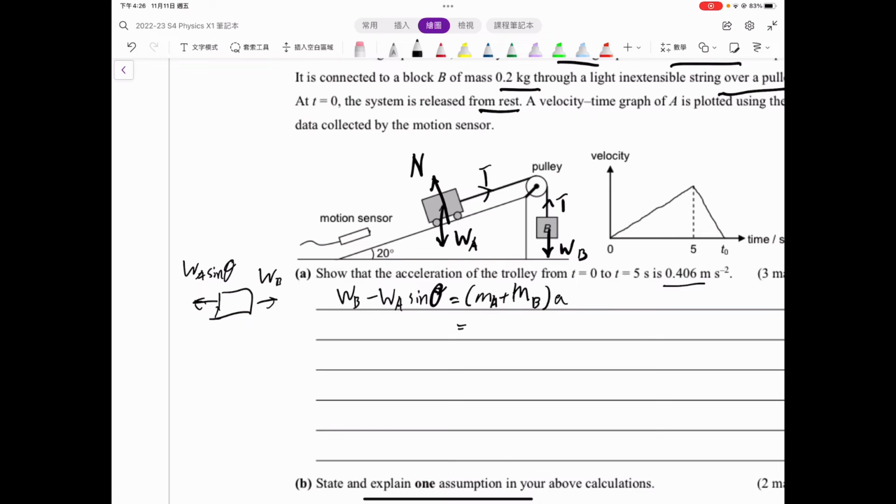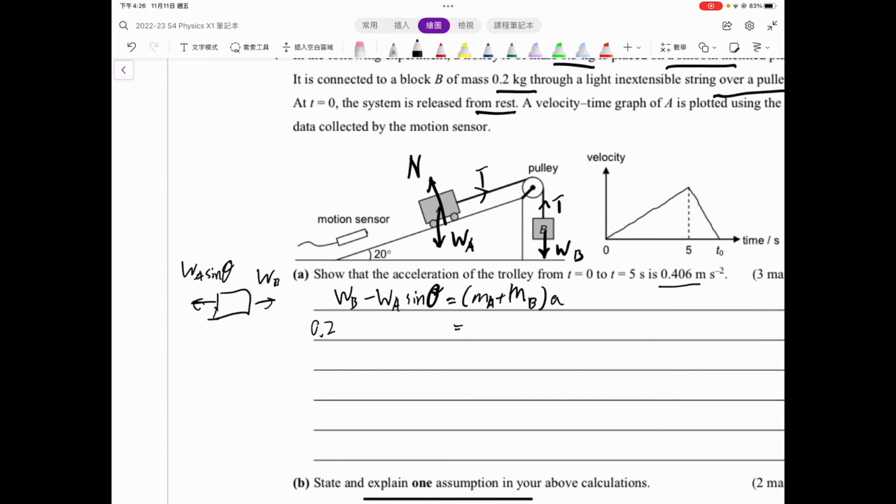Then you can use 0.2 times 9.81 minus 0.5 times 9.81 times sine 20 degrees equals 0.78 times a. Then you can calculate the acceleration as 0.406 meter per second square.